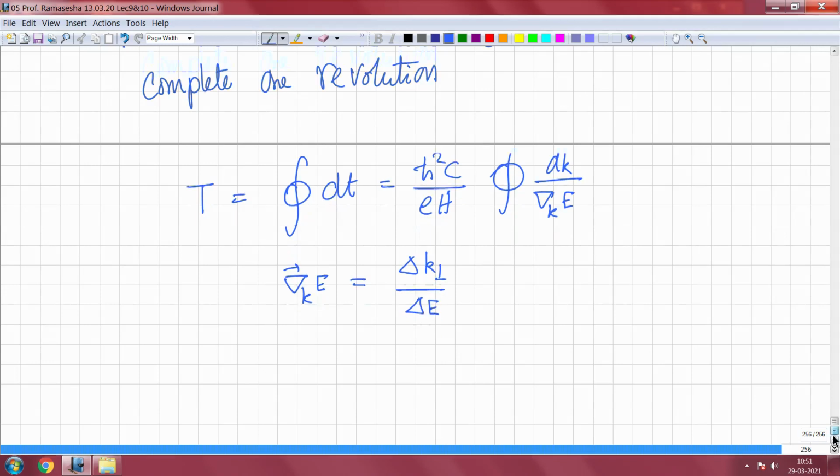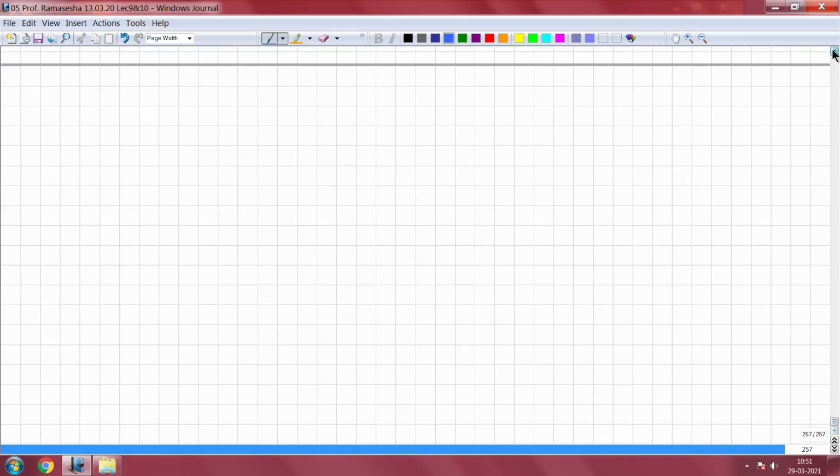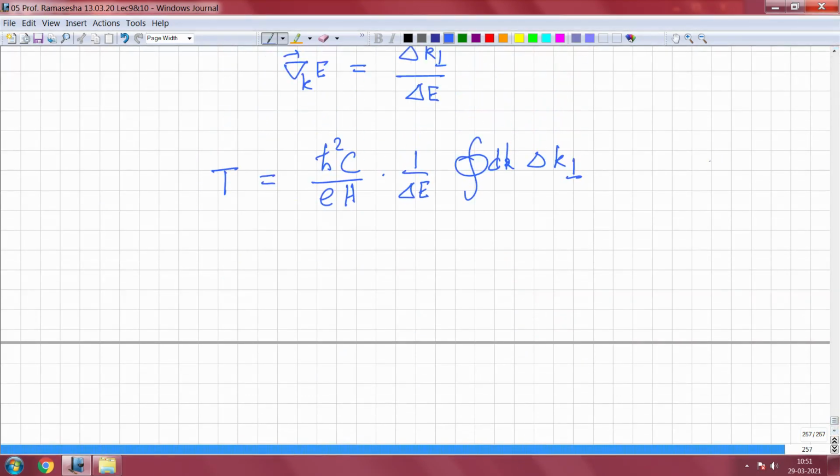So, if I were to put this in, T is equal to h cross squared c by eH into 1 upon delta E and integral dk delta k perpendicular. So, what does it actually give you? Let me write it down. So now I have a circle.